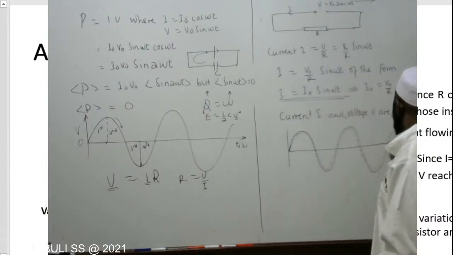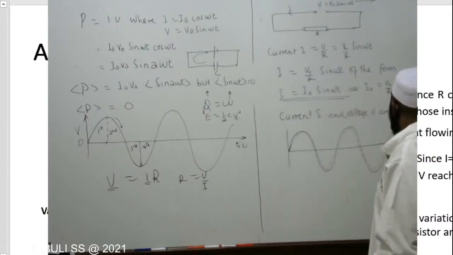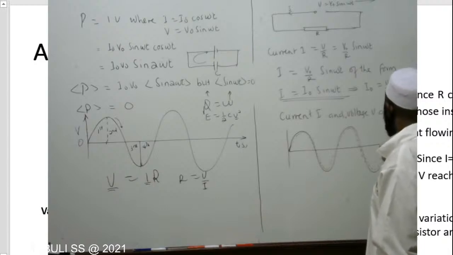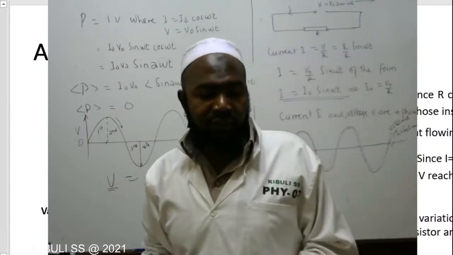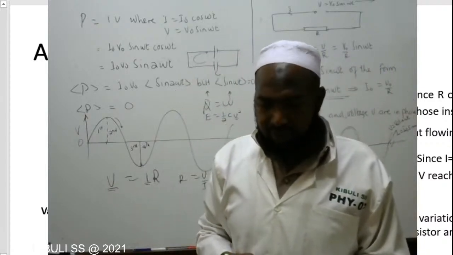So this is now going to be the variation for current, voltage V naught sine ωt, and then current I is equal to I naught sine ωt. So that's why we say the current and voltage vary the same way.